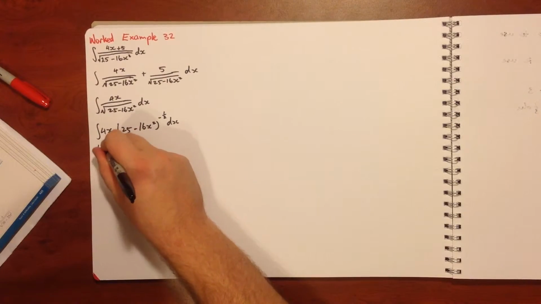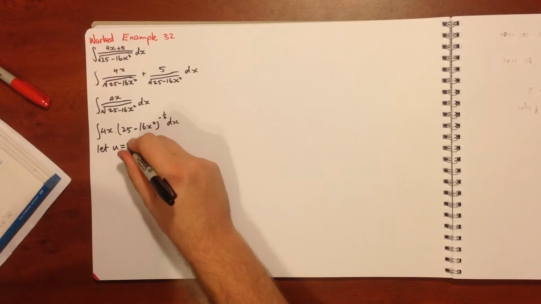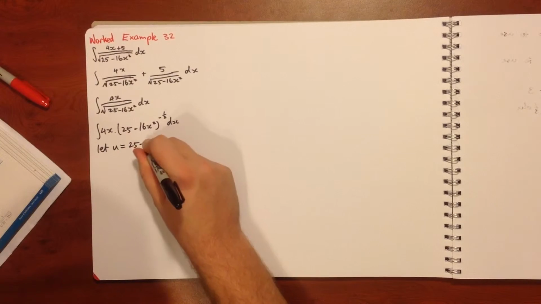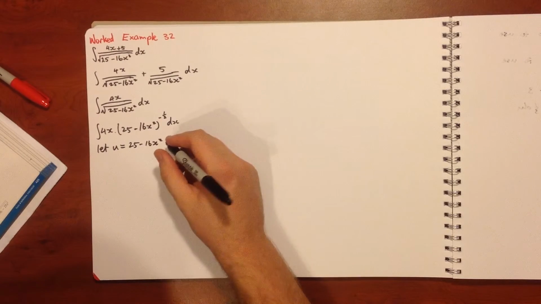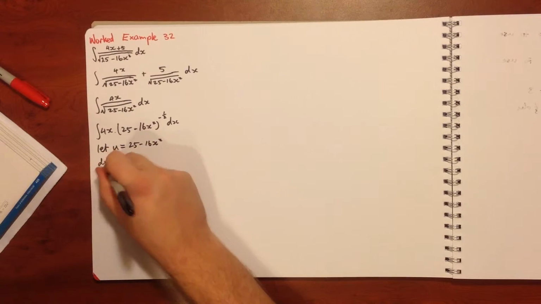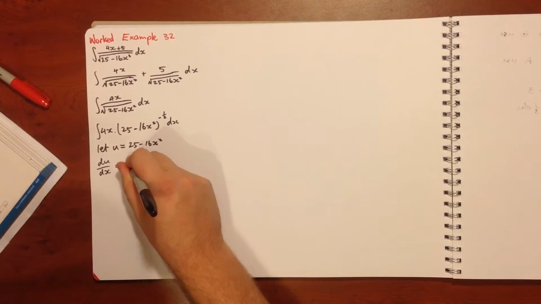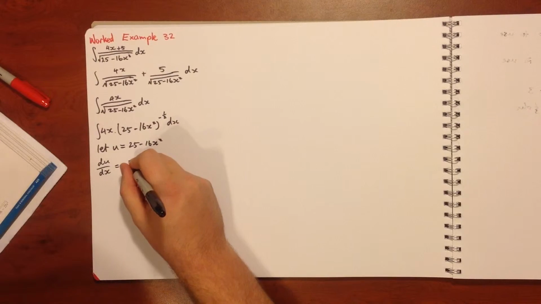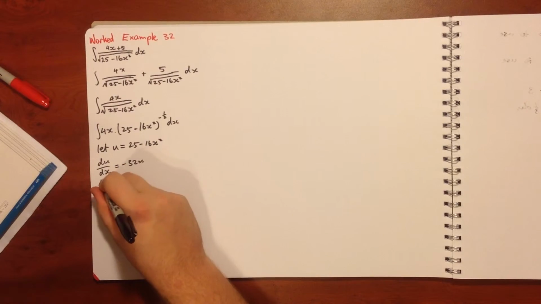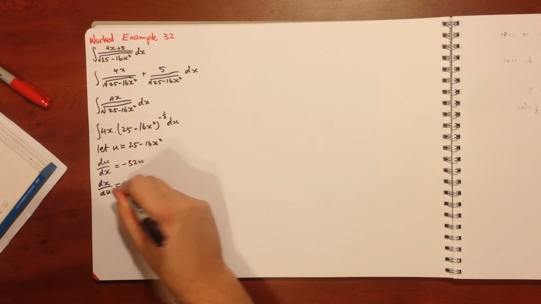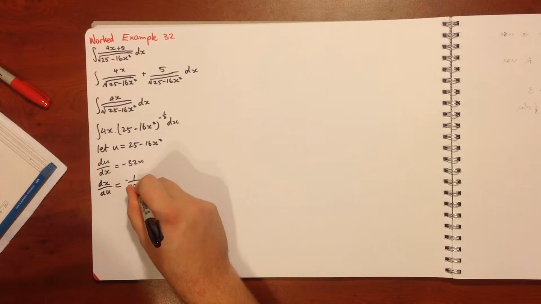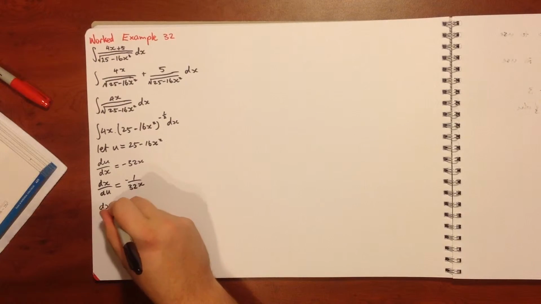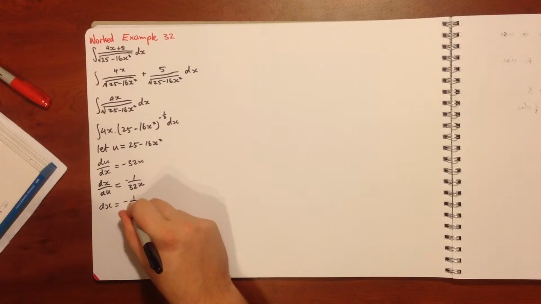So what we then need to do is let u equal our 25 minus 16x squared, which means our du dx equals negative 32x, which means our dx on du is equal to negative 1 over 32x, which means that our dx is equal to negative 1 over 32x du.